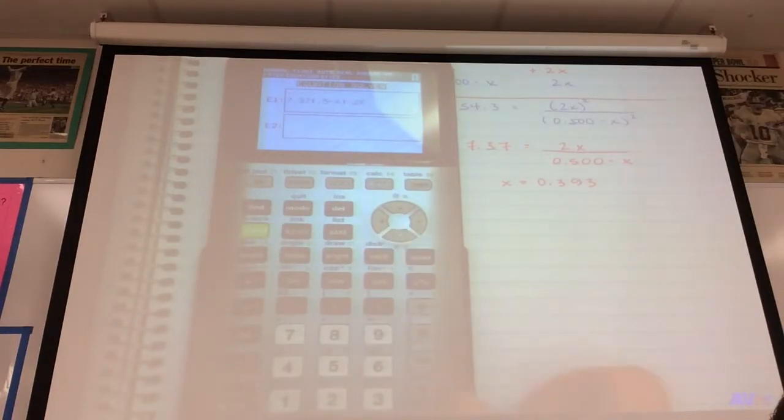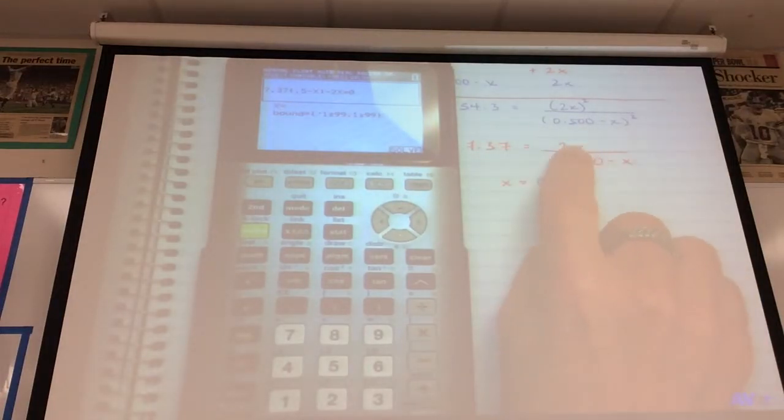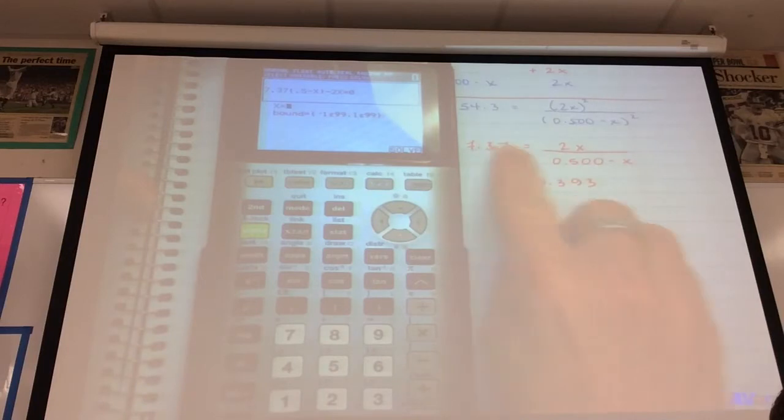I'm going to go here and put a 0 in because that's what I have to set it equal to. Shouldn't it be divided by 2? No. It's this times this minus this is equal to 0. Do you see it? Yeah.